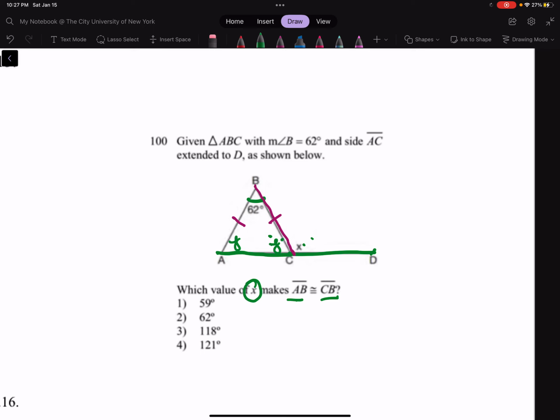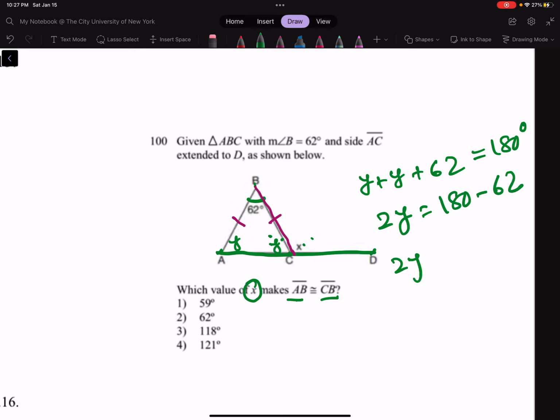So let's see, y plus y plus 62 in this triangle ABC gives us 180 degrees. So 2y should be equal to 180 minus 62. So 2y should be 118, and 118 divided by 2.